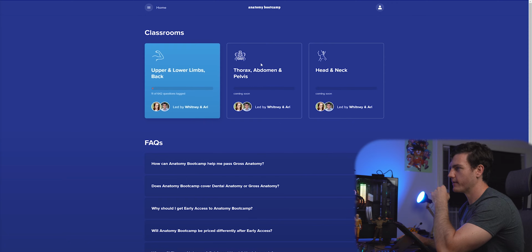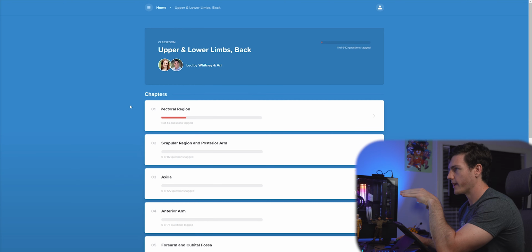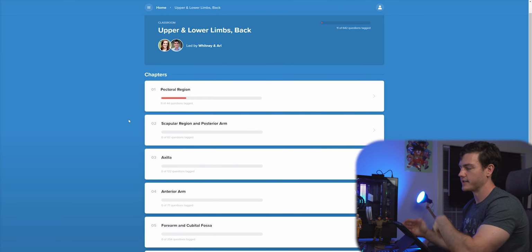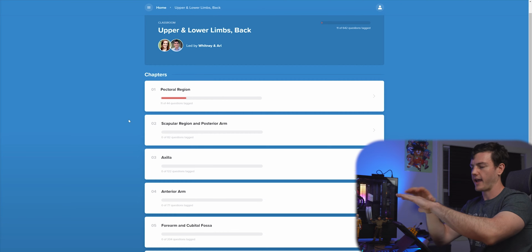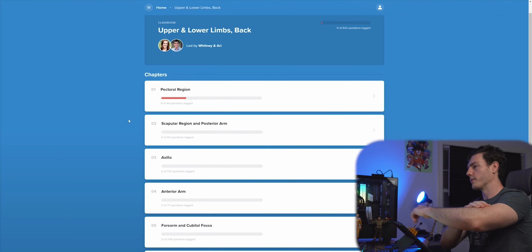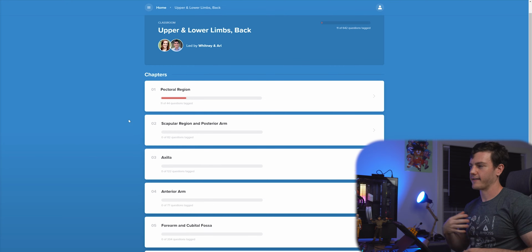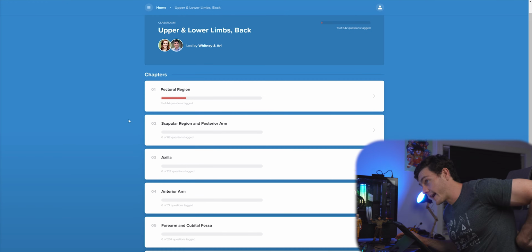As I'll show you, if you click inside one of these major regions, it is then further subdivided into different chapters, and each of the chapters contains a more specific and detailed part of the region you're looking at, because obviously the entire upper limb can be divided into the hand, the forearm, the arm, the deltoid, the pectoralis major and minor, the chest cavity, as well as the back.